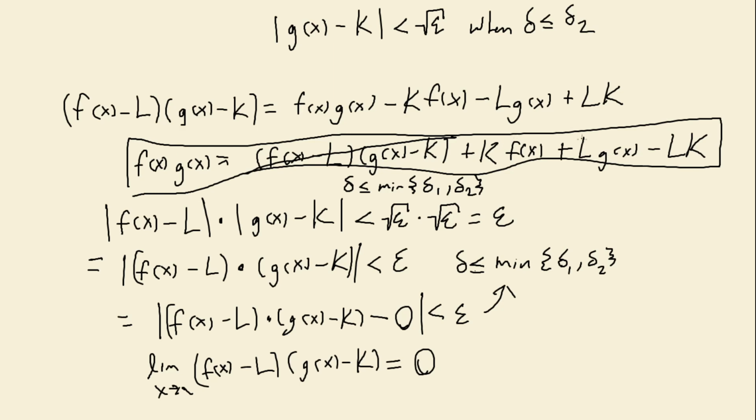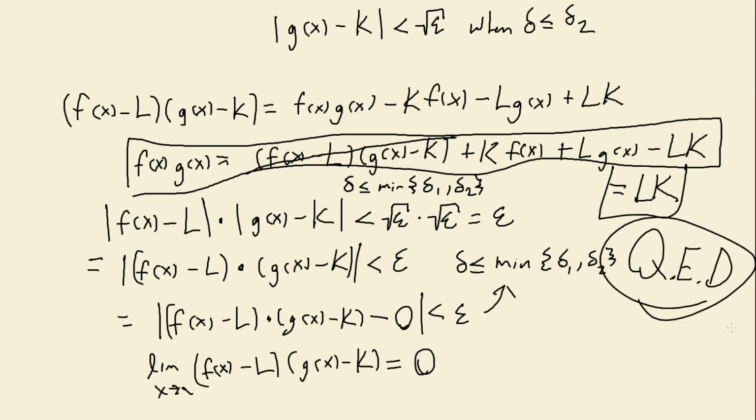So kL plus Lk, that's 2kL, minus Lk, is just equal to Lk. And that proves that you can multiply limits.